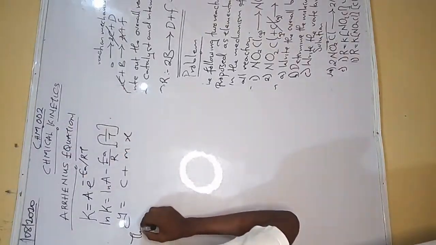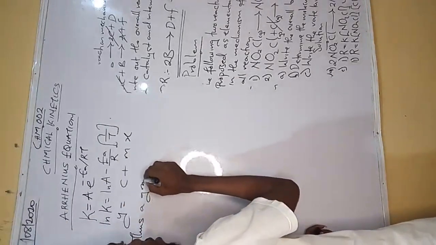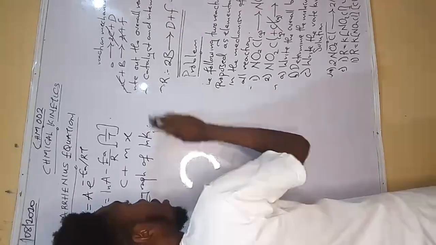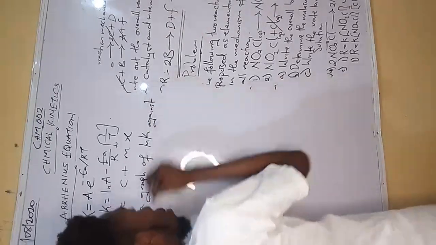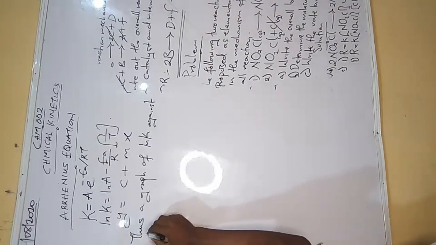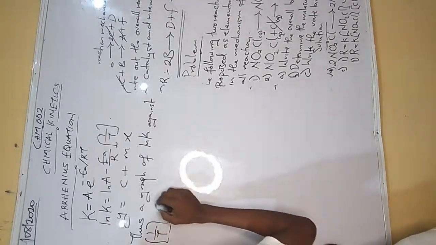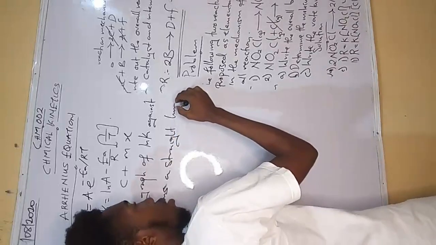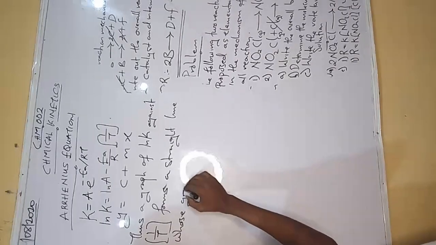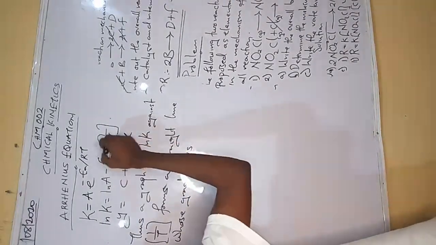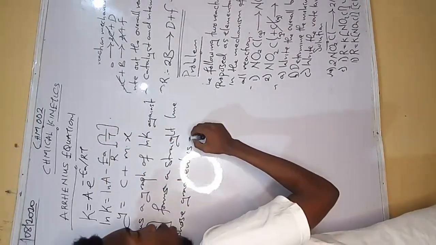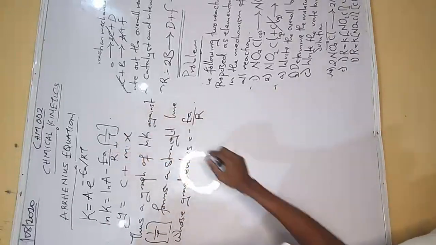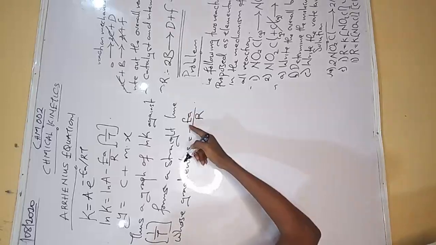So we are saying that a graph of ln K against 1 over T forms a straight line whose gradient, as you can see, M stands for gradient, is equal to minus EA all over R. R is your normal gas constant, and EA is your activation energy.